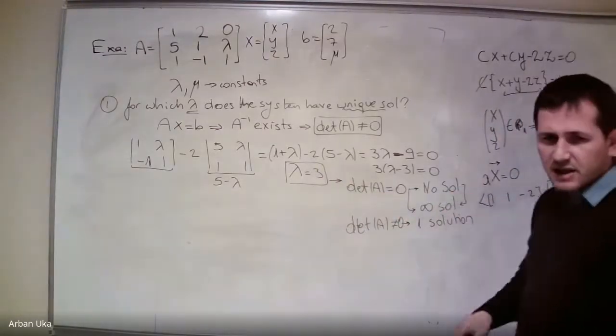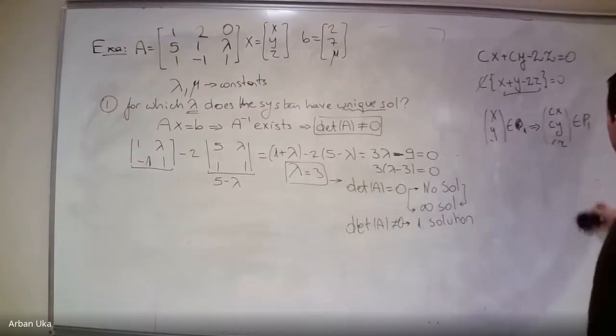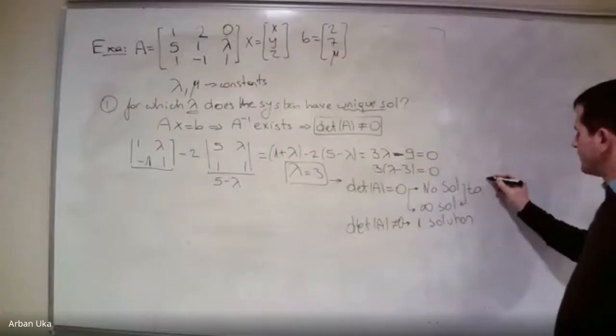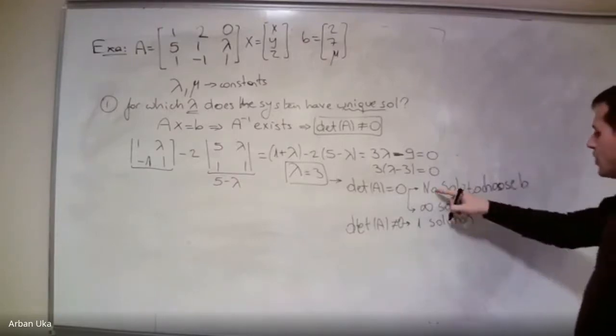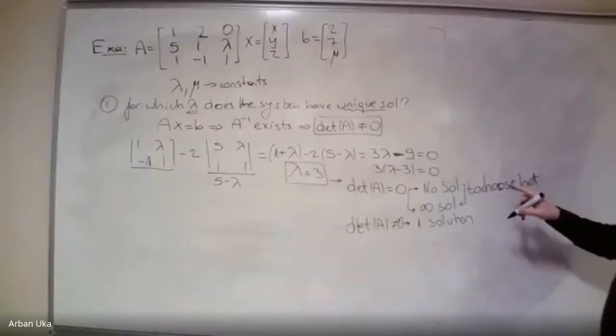But how can we decide which one? How would you answer this? We can try to find the value of mu. Yes, to choose between these two options, whether no solution or infinite, we have to look at the B. Professor, we want a unique solution.